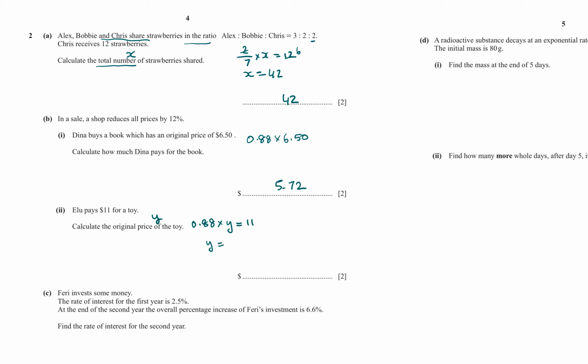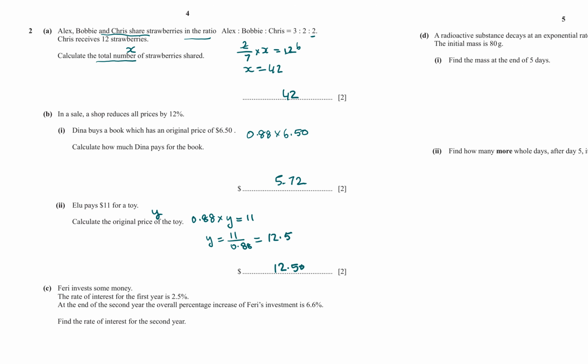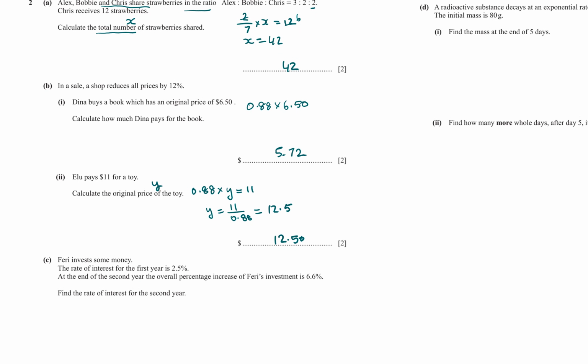So Y would be 11 over 0.88, and that is equal to 12.5. So the answer would be $12.50.